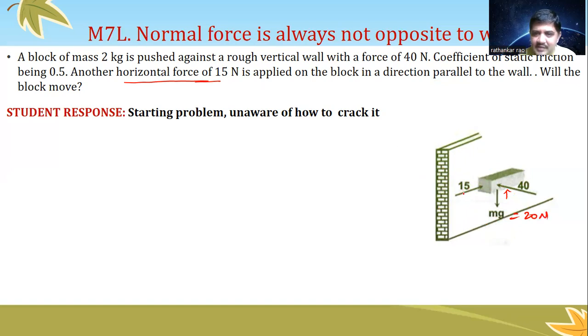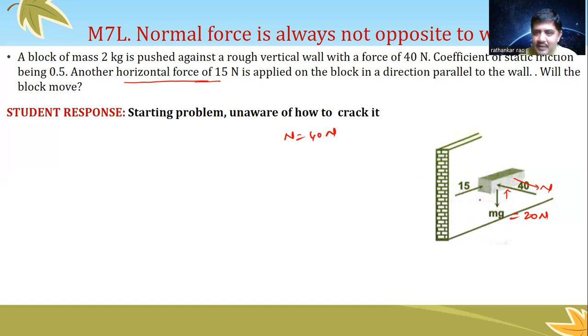Let us consider this 15 and 20. These are the vertically applied forces. This 40 Newton is being counteracted by the normal force, otherwise this would have broken the wall. Not possible. So the normal force acts here, and N equals 40 Newton.